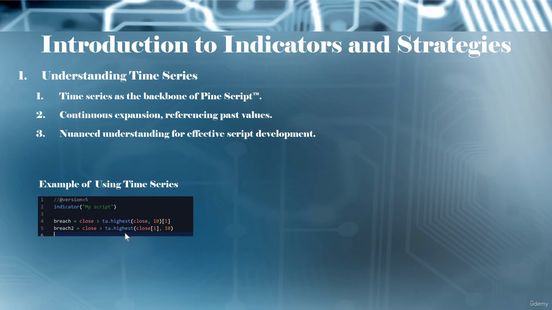And on the second line, we access the current highest time series. However, we use the previous close bar that this highest time series uses. So we achieve the same result in different ways.